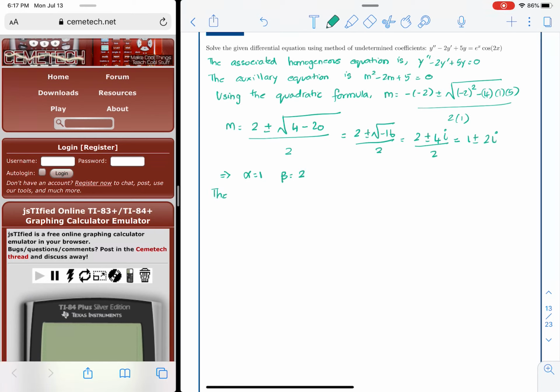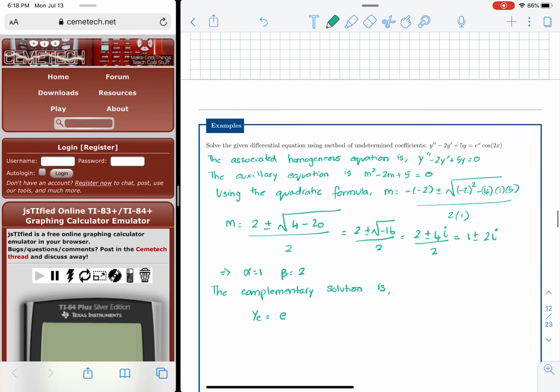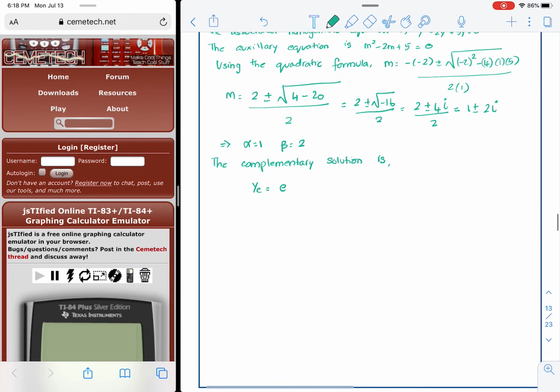So the complementary solution is yc equal to e raised alpha x, which is x, multiplied by c1 cosine beta x plus c2 sine beta x.